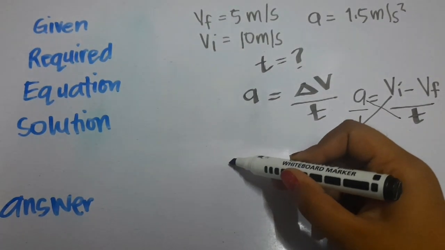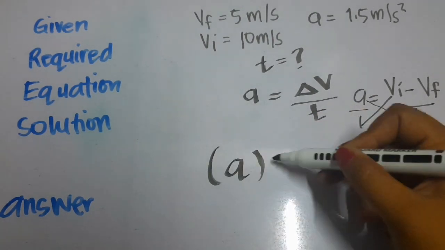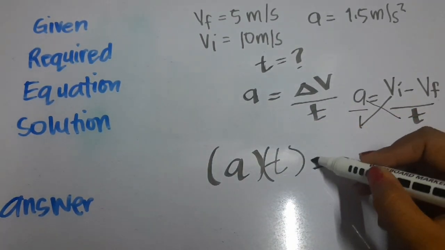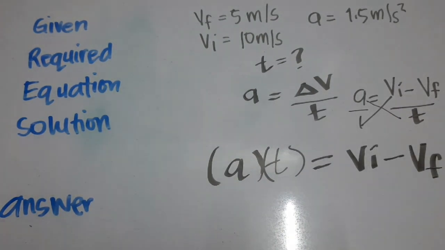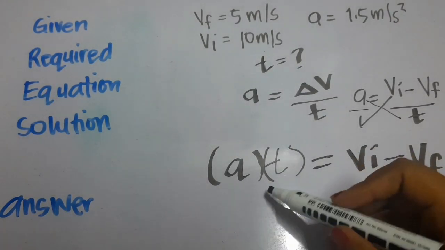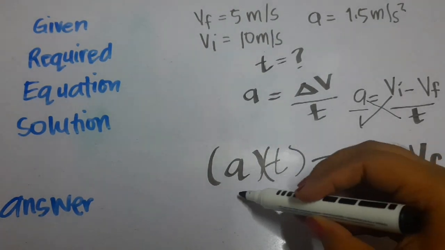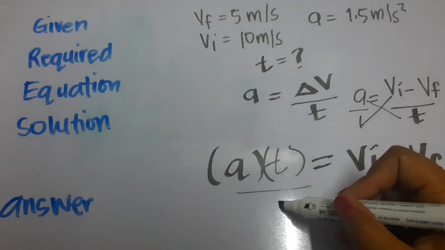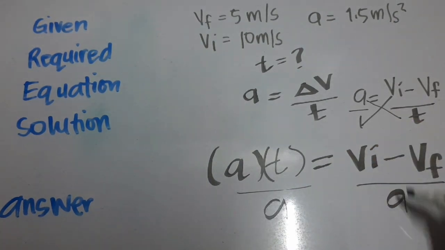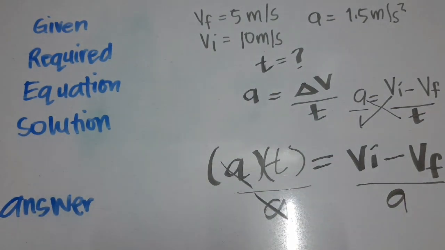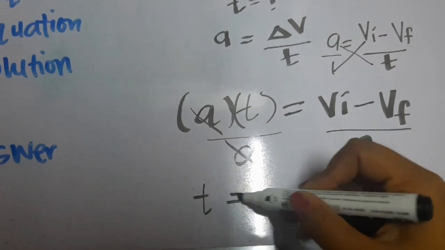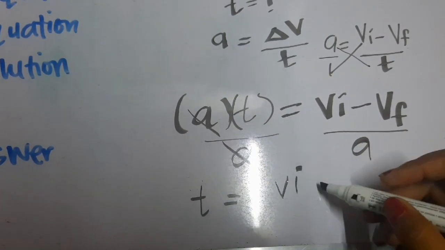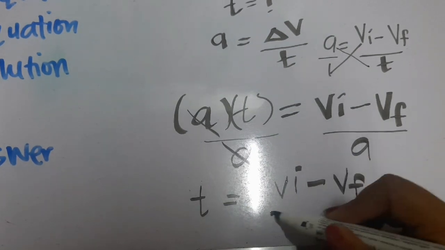Okay, so it will become a times time equals the initial velocity minus the final velocity. To cancel a, we must divide both sides by a. So bring down a and then cancel. So the formula we're going to use is t is equal to the initial velocity minus the final velocity divided by a.